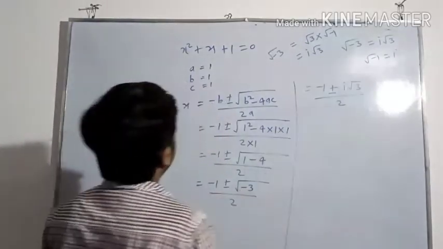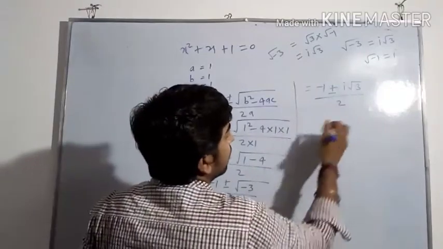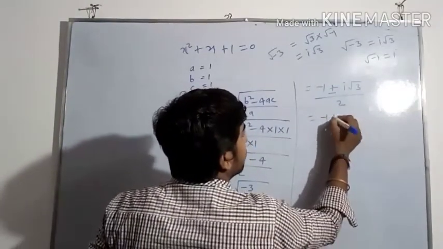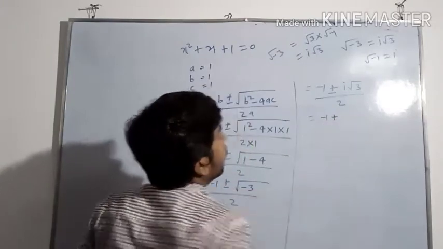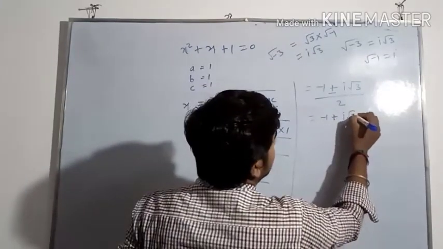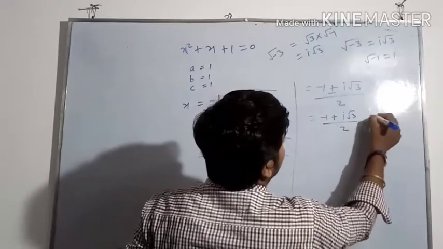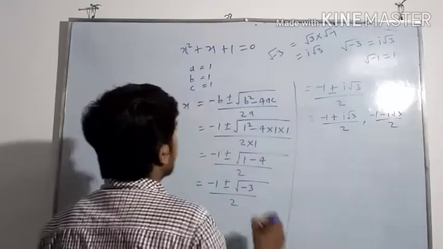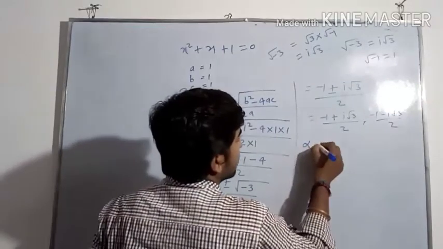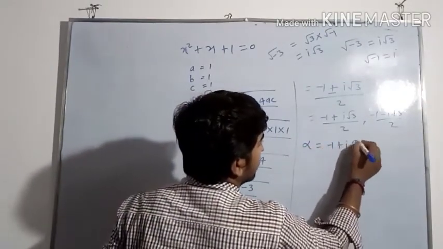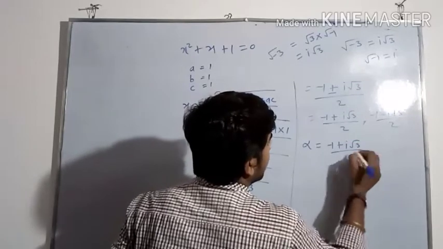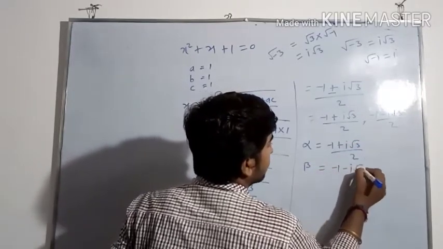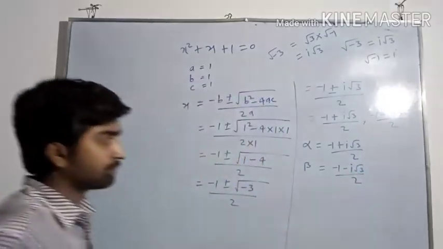Now here two values are there. First of all, we will take the positive: minus 1 plus i under root 3 by 2, and minus 1 minus i under root 3 by 2. Let alpha equal minus 1 plus i under root 3 by 2 and beta equal minus 1 minus i under root 3 by 2.